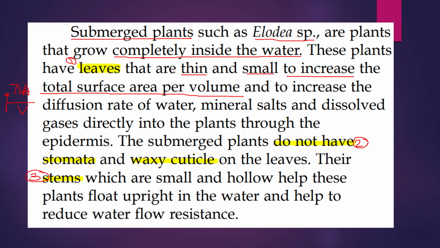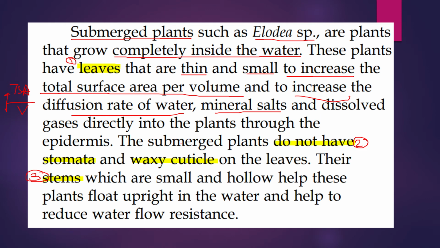Manakala dia kecil, maka TSA to V adalah besar. Okay, remember that konsep ini. Jadi dengan itu, dia boleh meningkatkan, increase the diffusion rate of water, of mineral salts, dissolved gases into the plants through the epidermis. Melalui daun itu boleh keluar masuk dengan senang, kadar resapan itu adalah tinggi.